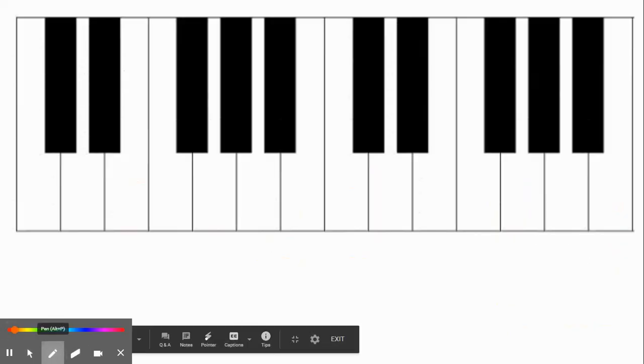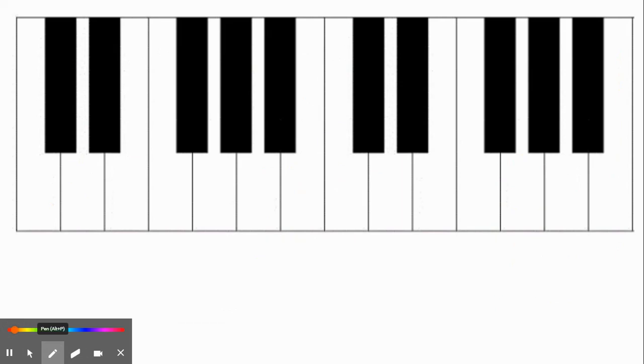So, back to our keyboard, let's just do this in a few other places. Let's start on D. So if I have D to E, that is a major second. So if we invert it, we know we're going to have a minor seventh.